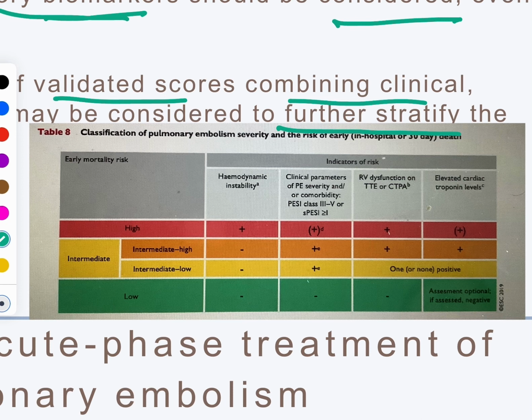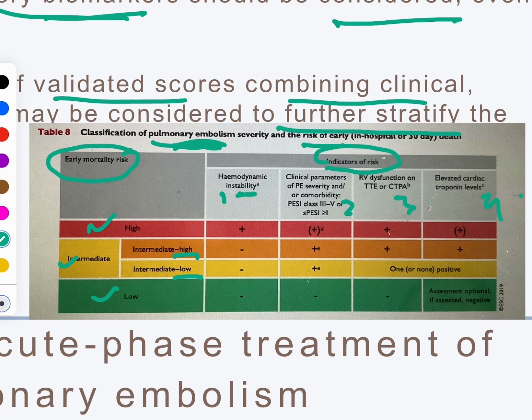Whenever you are diagnosing a patient with pulmonary embolism, you have to classify the severity of the pulmonary embolism and identify the risk of early death. How do you do that? Early mortality risk is high, intermediate, or low. And what are the indicators of risk?